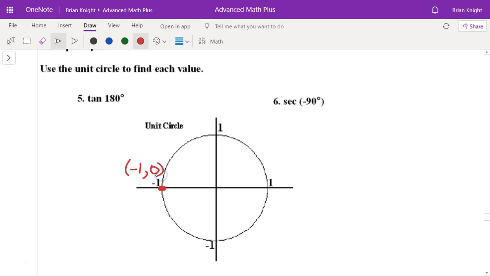Negative 1 and 0. And so tangent was what over what? Y over x. So what's y? 0. 0 over x, negative 1. So my answer is 0.